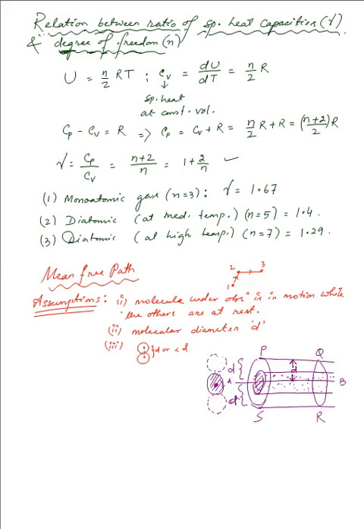Therefore, collisions with molecules outside the distance d are not possible. With that cylindrical region PQRS in consideration, that is the volume through which it is moving, we can express the volume of the cylinder as pi d squared times the distance.